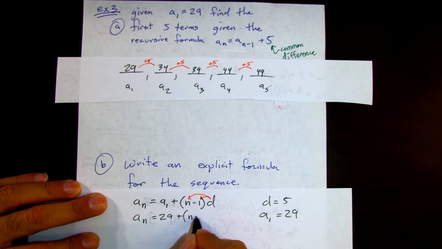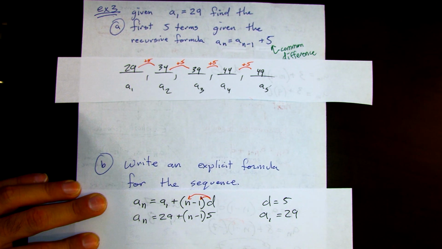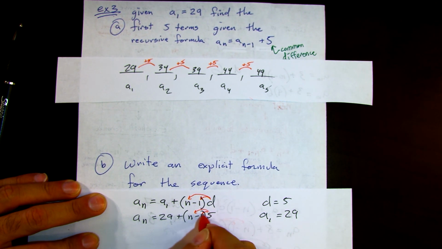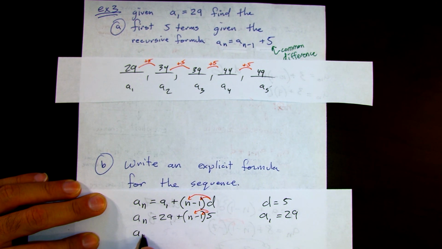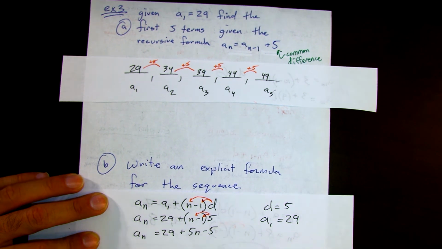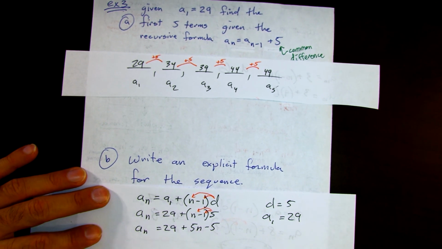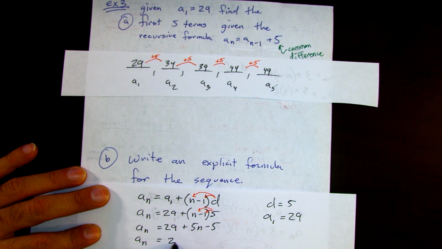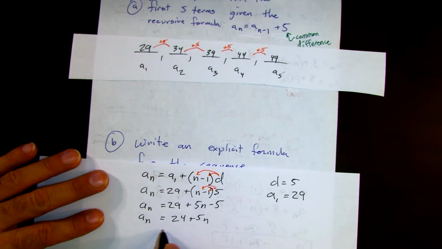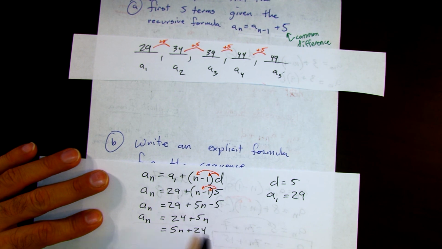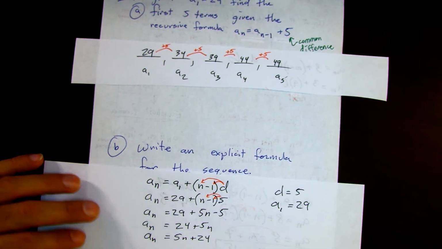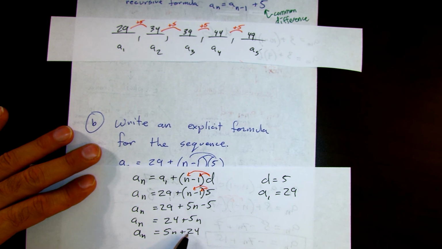Put in what I know. 29 plus n minus 1 times 5. And distribute. There it is. 5n minus 5. 24 plus 5n, but I like it much better like this because actually now it's a linear function.